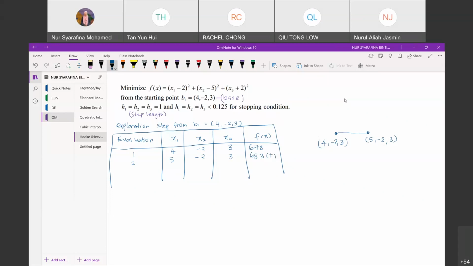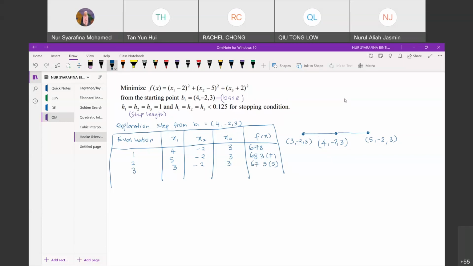Then to the right failed, so again to the left. You will have (3, -2, 3), which gives you 675. Then this is a success.